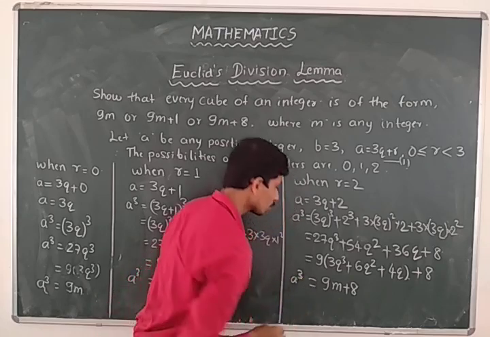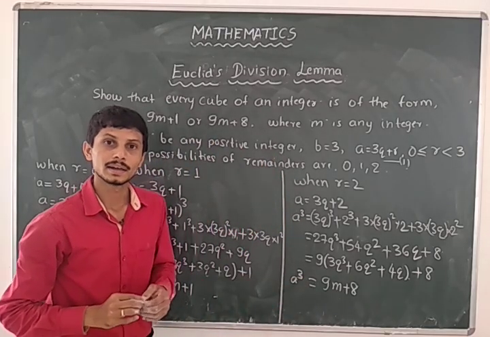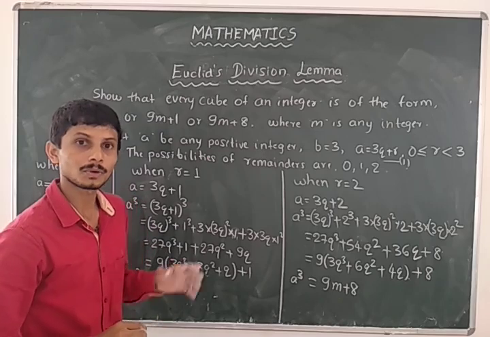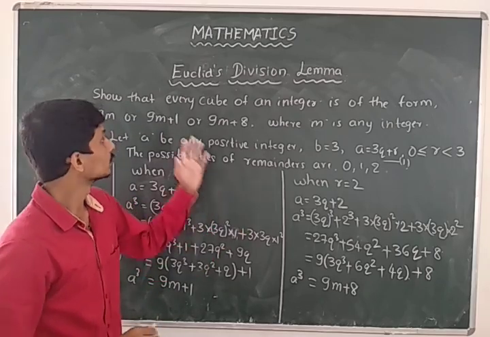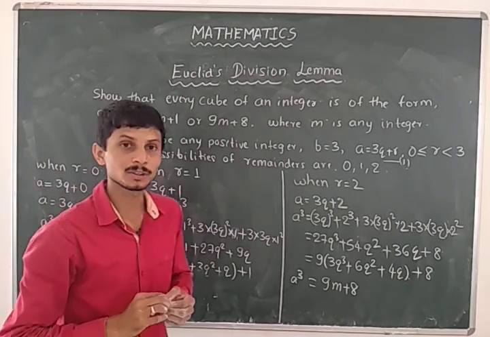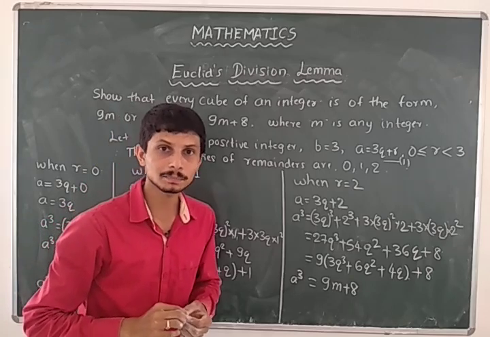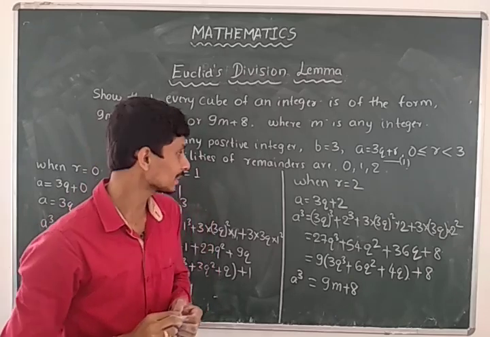So a cube is equal to 9m plus 8. From this we learned that every cube of an integer is of the form 9m or 9m plus 1 or 9m plus 8.